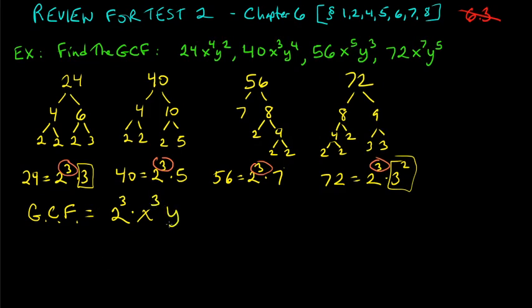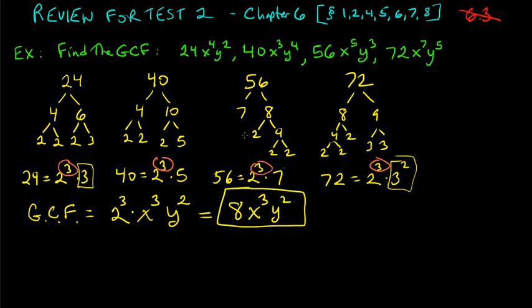And what about y? For the exponents, we have a choice between a 2, a 4, a 3, and a 5. Out of those 4 numbers, the smallest is the 2, so this will be y squared. Okay? So the GCF, the greatest common factor, is just going to be 8, x to the 3, y to the 2. And we're done.